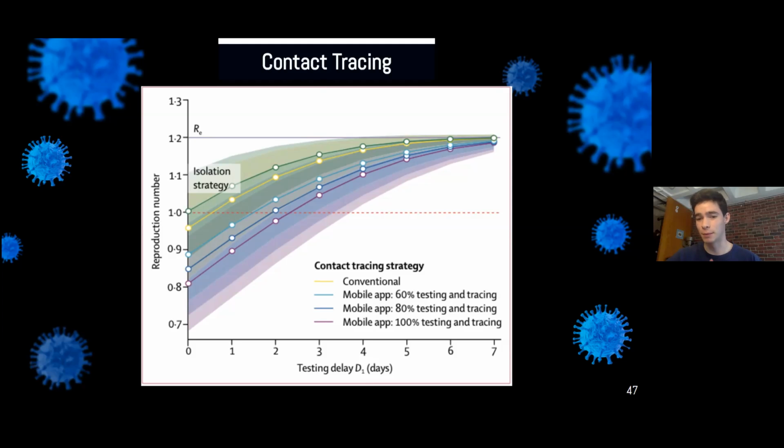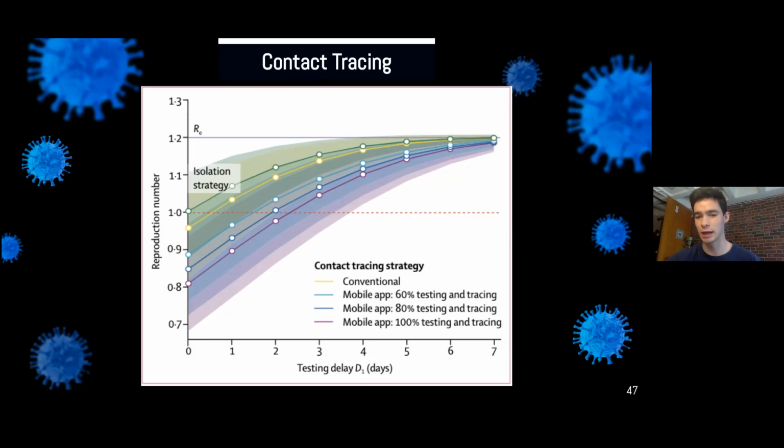So if someone has had the virus for, we can see, 6 or 7 days, then tracing them doesn't really do anything. Similarly, ranging from purple to green is the fewest people getting traced compared to more people.